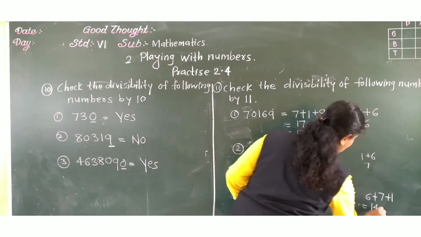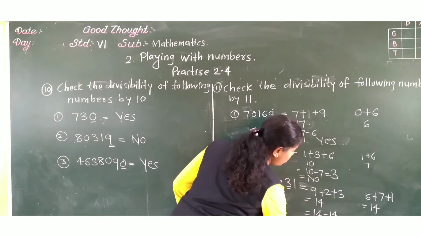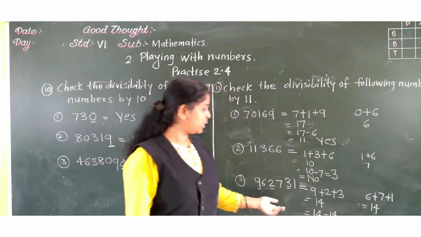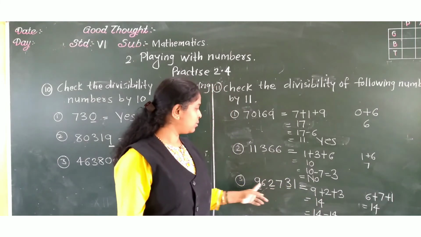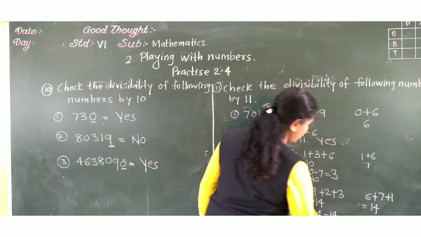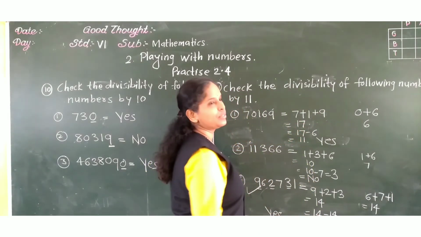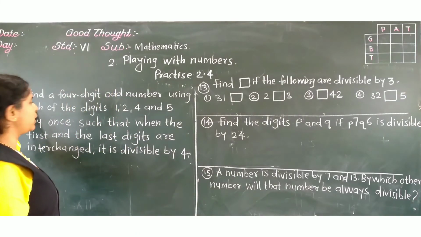This is also 14. Now 14 minus 14 is 0. And what does the test say? If we get subtraction as 0, then also the whole number is divisible by 11. That means yes, this number is divisible by 11. Followed?